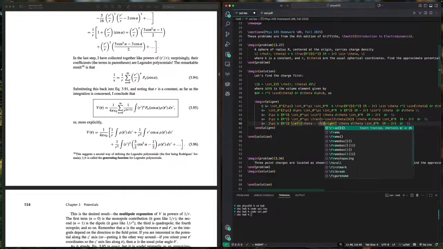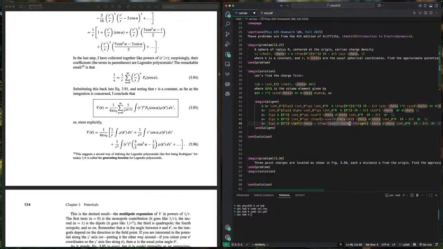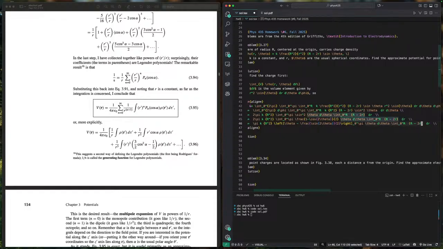Whoops, take away this 2 over here. And we add the evaluation bound 0 to pi. And for over here as well, this is just a polynomial though. So we have big R, little r, minus r squared.